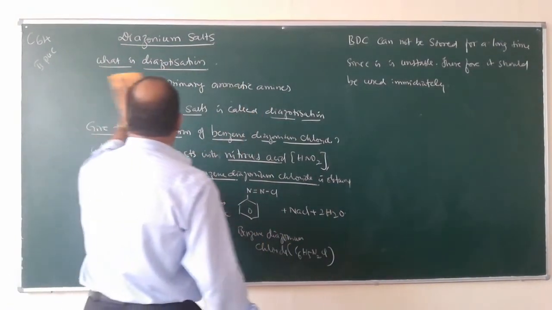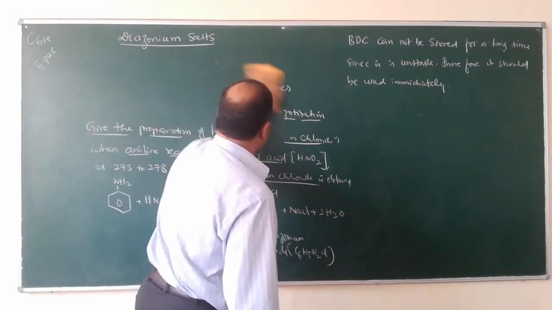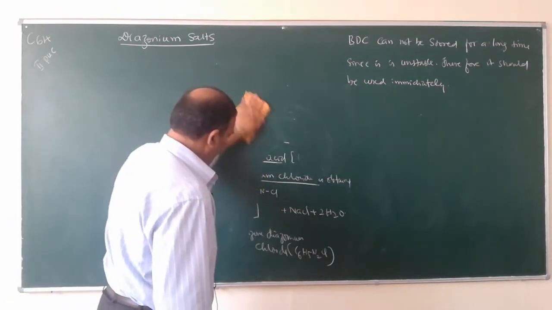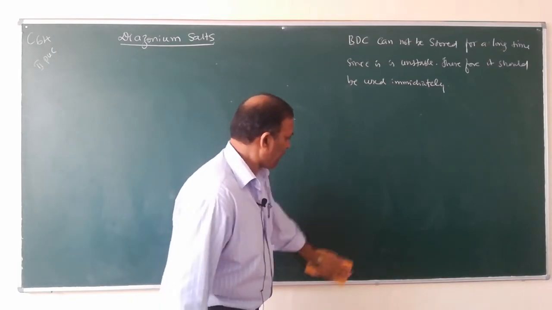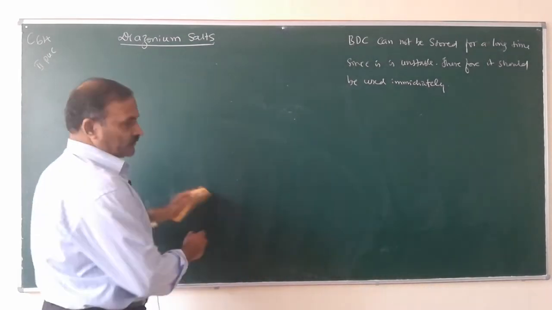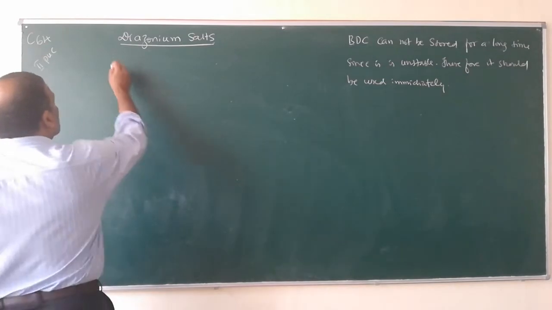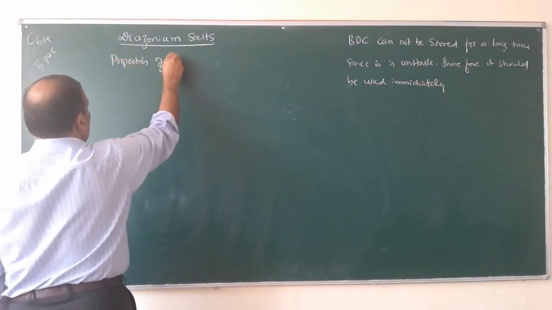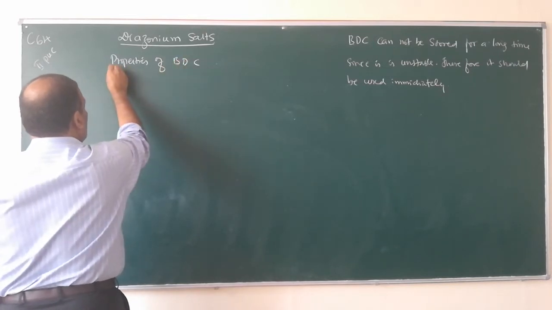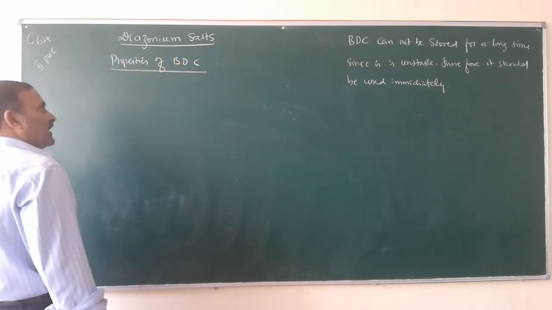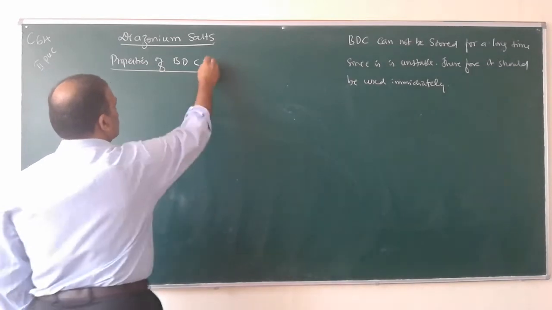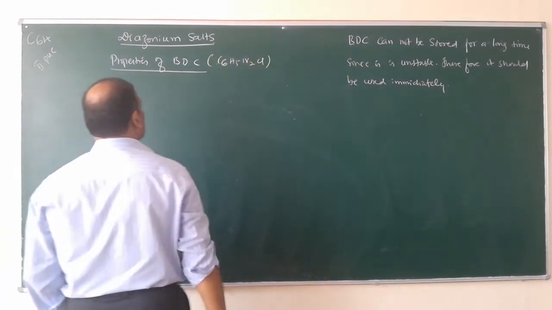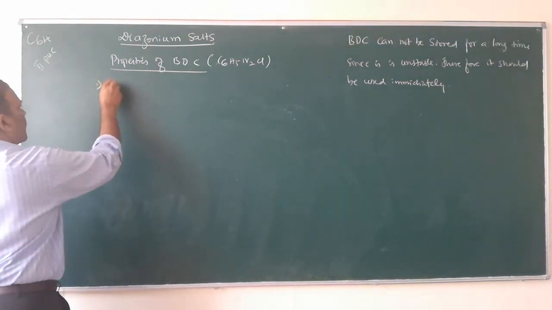Coming to the properties of diazonium salts. Properties of benzene diazonium chloride, C6H5N2Cl.